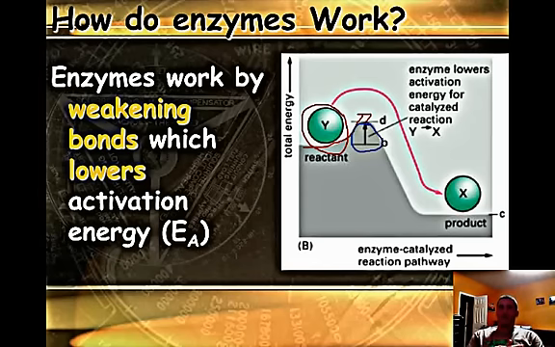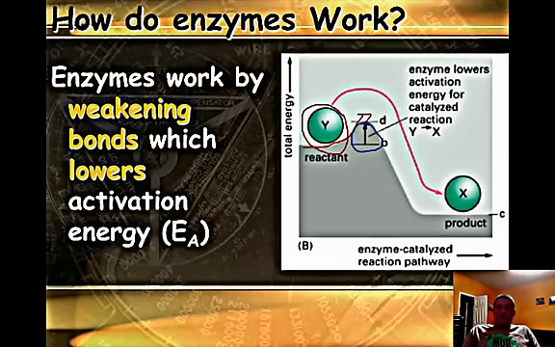So the reference I always give my kids, and it seems to work out every year, is if you're going to IKEA from Little Elm High School, you can take 423 to 121 and you could get to IKEA. Or you could take the tollway to IKEA, but which way is going to get you there faster? The tollway is going to get you there faster, so it's your enzyme because you can reuse it.